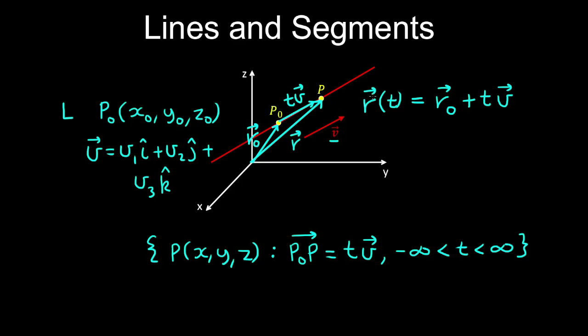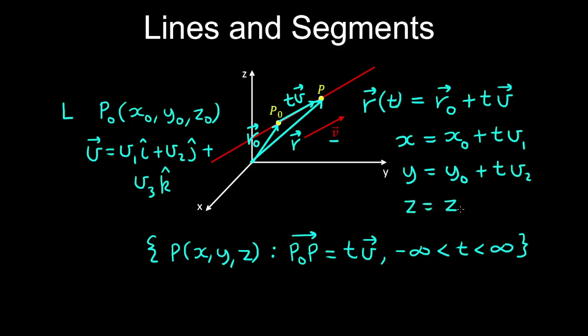So in component form, this position vector has an x coordinate, and that's equal to the x coordinate of r0 plus the parameter t by the x coordinate of the vector v, and similarly the component y is y0 plus the parameter t by v2, and z is equal to z0 plus t by v3.